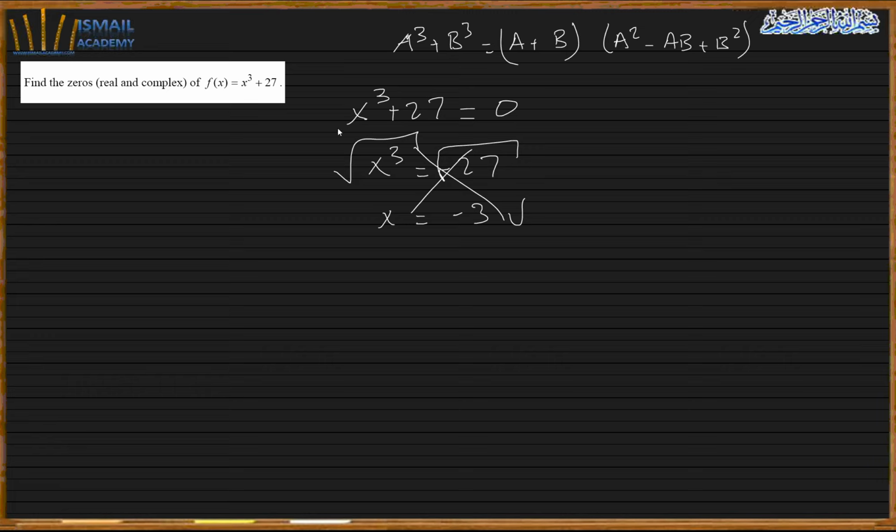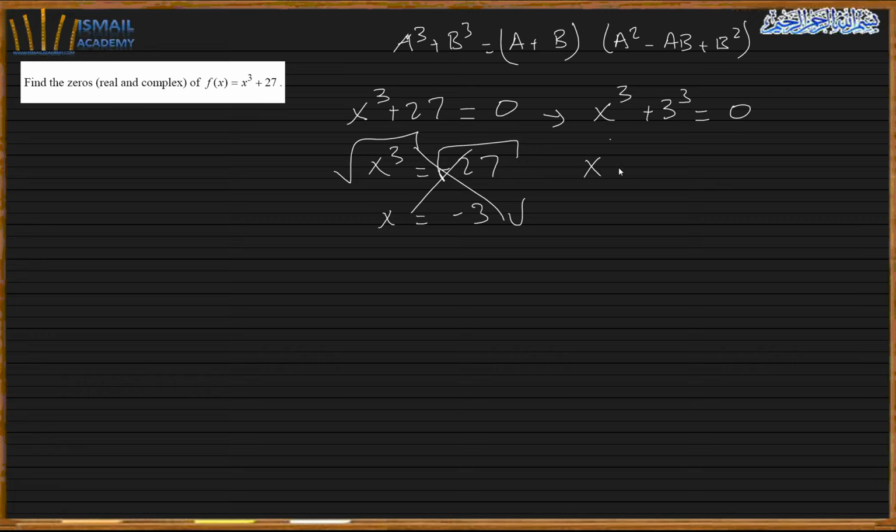So in order for you to solve that type of equations, factor it first. So here it's going to be x plus 3. This is my a, this is my b. It's like I'm doing it this way, look. So x cubed plus 27, and 27 in fact is 3 cubed, equals 0. So this is my a, this is my b.